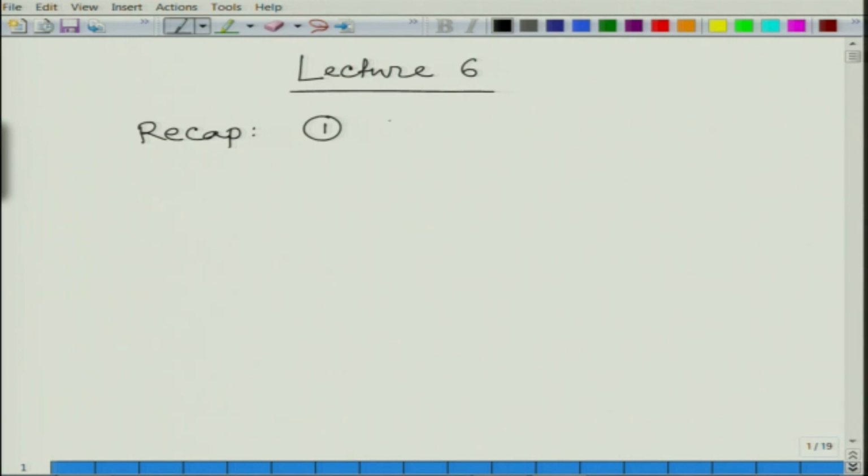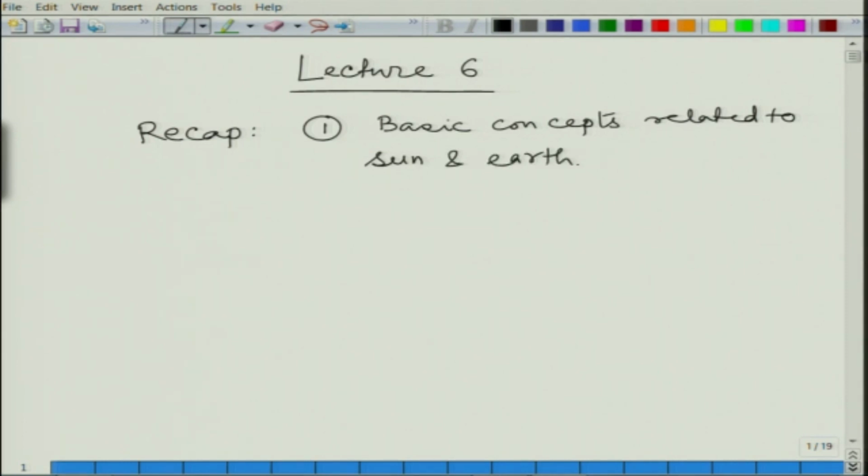We have seen the basic concepts related to sun and earth, and then we have looked at the relationship between these two celestial bodies, between sun and earth.